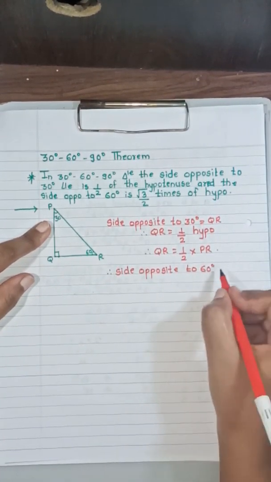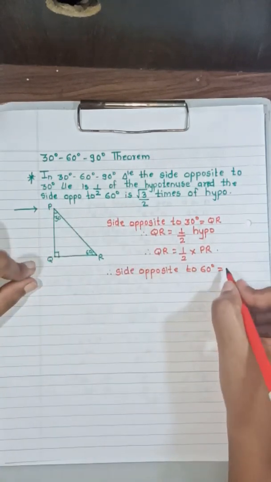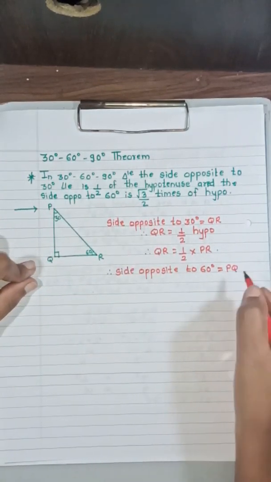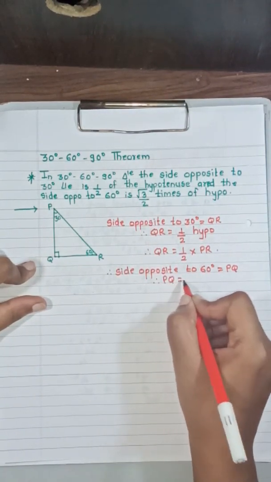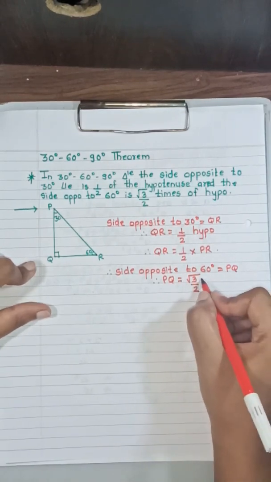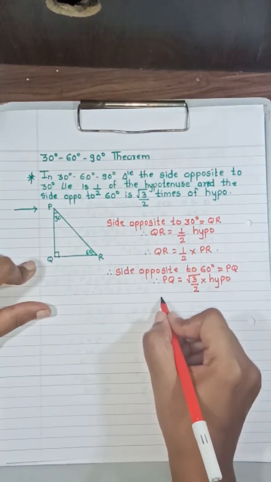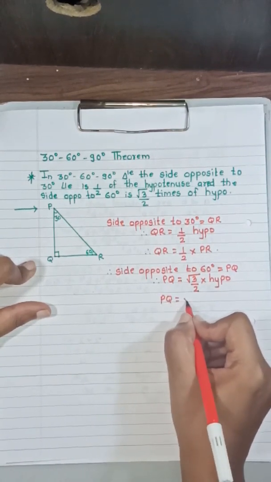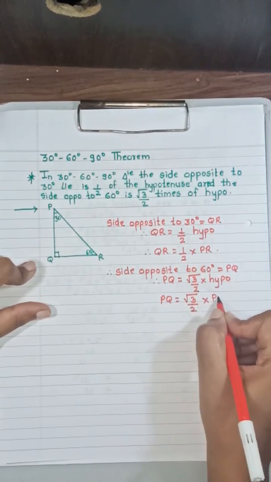Now which side is opposite to 60 degrees? That is PQ. That means PQ is equal to √3 upon 2 into the hypotenuse, that is, PQ is equal to √3 upon 2 into PR.